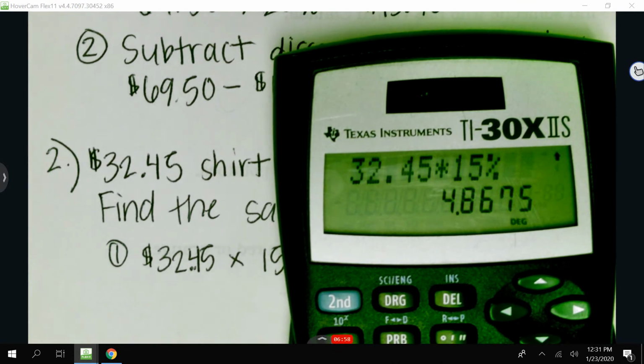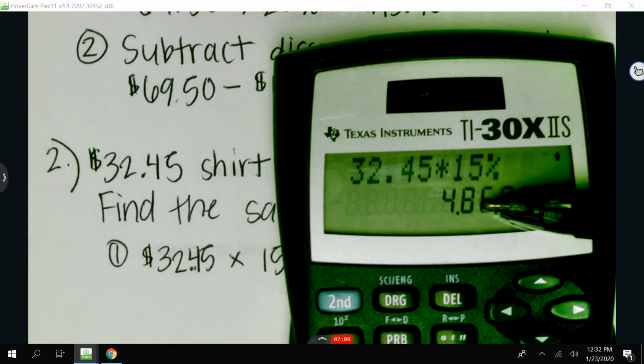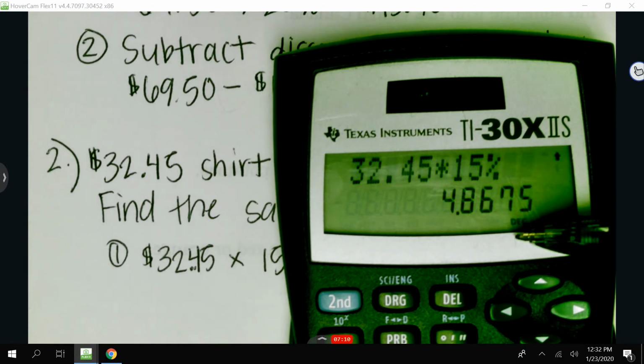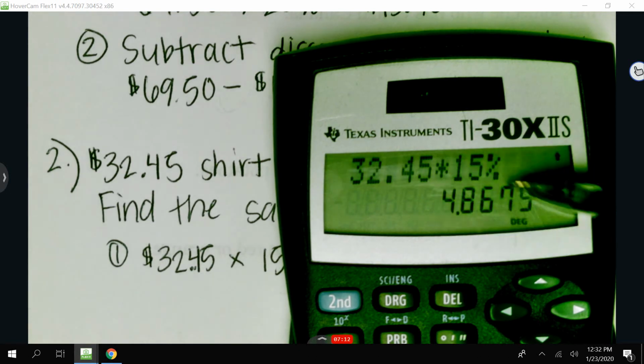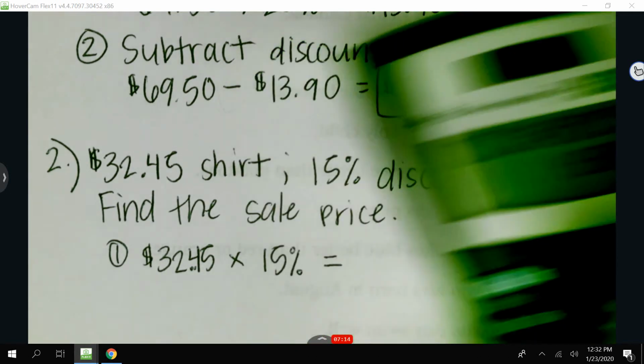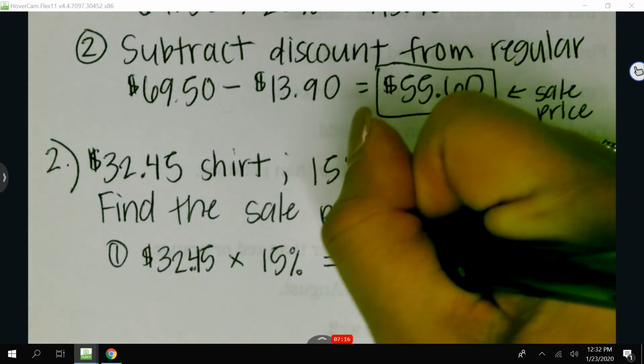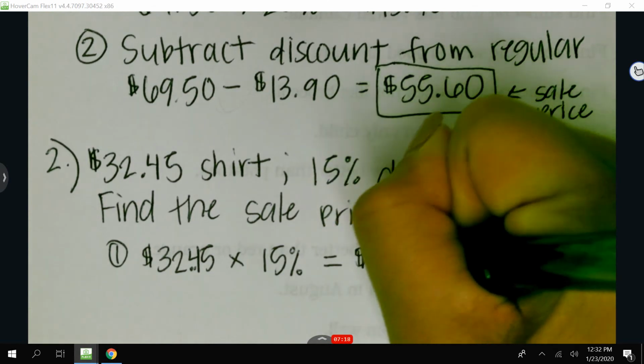Round. You need to round. For some reason, we still cannot understand how to round. Do you need this last 5 here? No, forget about it. What does that 7 tell you about the 6? Move the 6 up 1. So what does this become? 4.87. So $4.87.